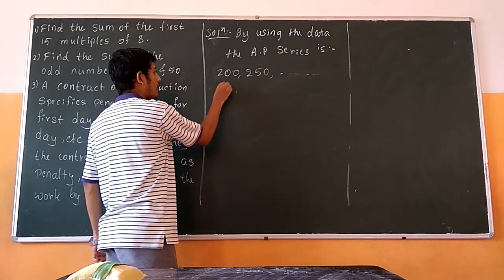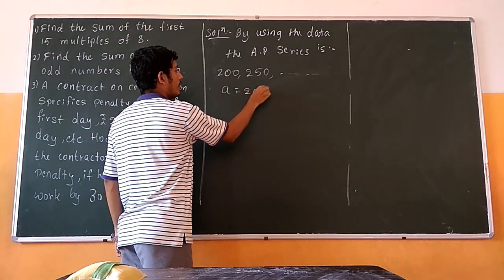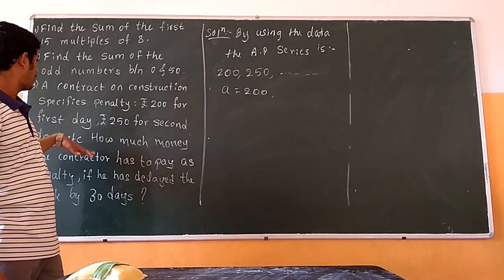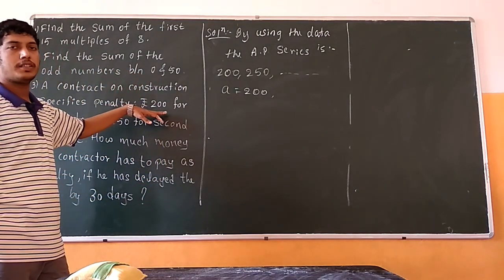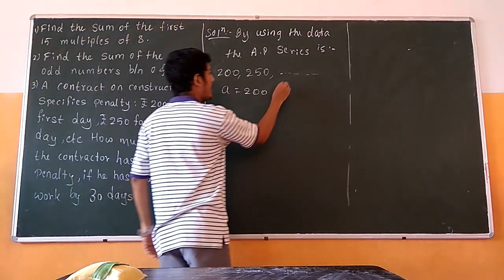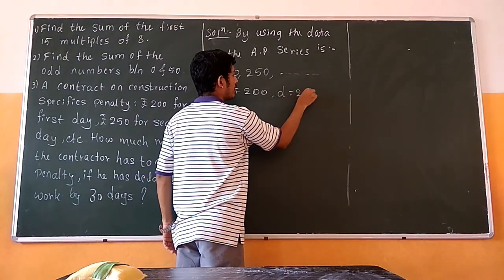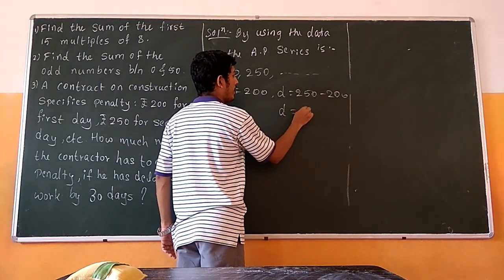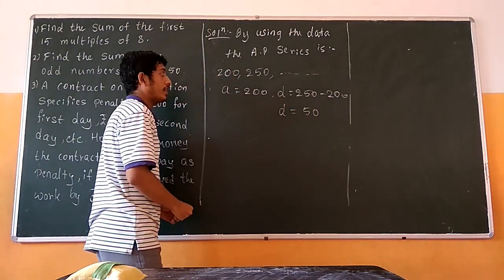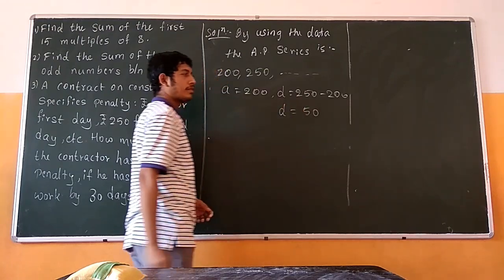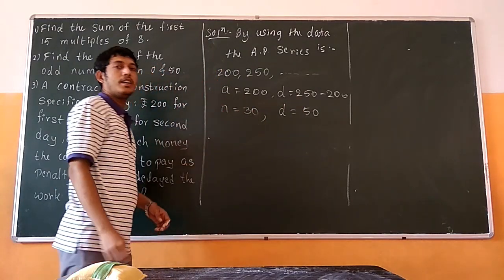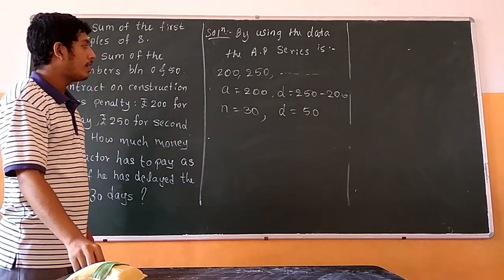Here the value of a is 200 for the first day, and d is 250 minus 200, which is 50 rupees, and n equals 30. Totally 30 days are present.